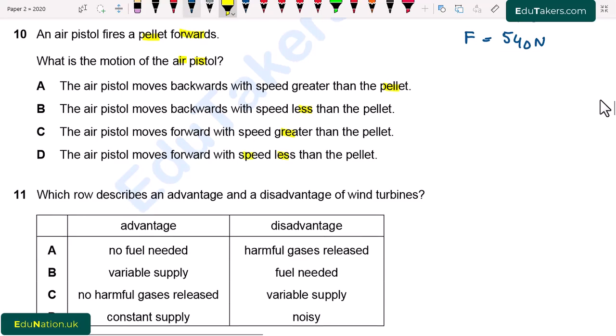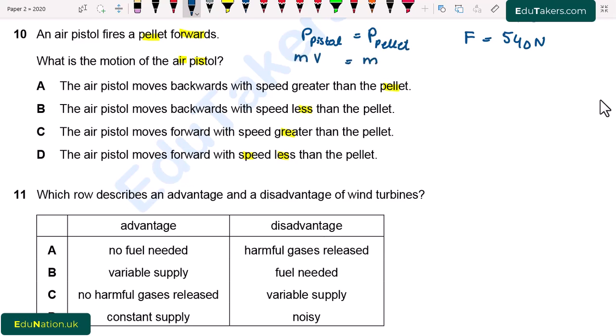So first of all, here is actually the concept of momentum, that momentum remains conserved. It means that the momentum of the air pistol will be equal to the momentum of the pellet. And it is the product of mass and velocity.